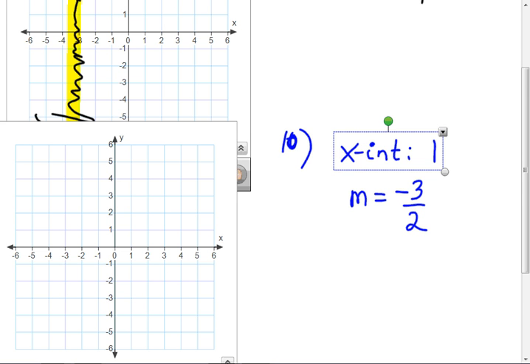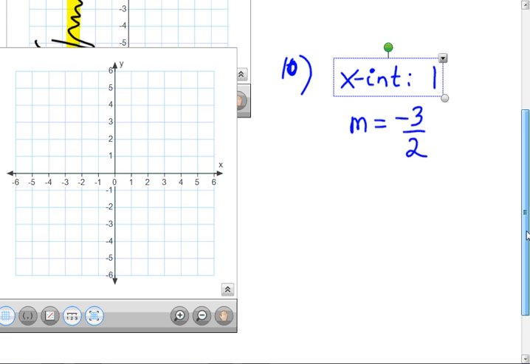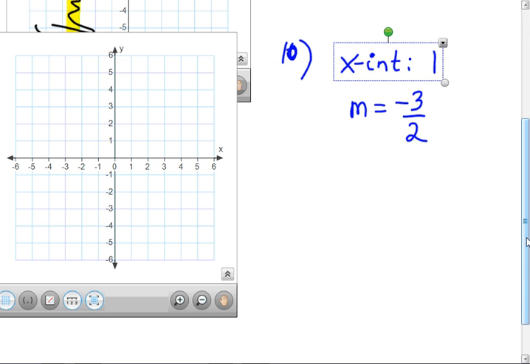Somebody want to try that? How about you? A new student. X-intercept is a 1, and the slope. Now, it tells you where to graph the point. If it's an x-intercept, it's on which axis? X.